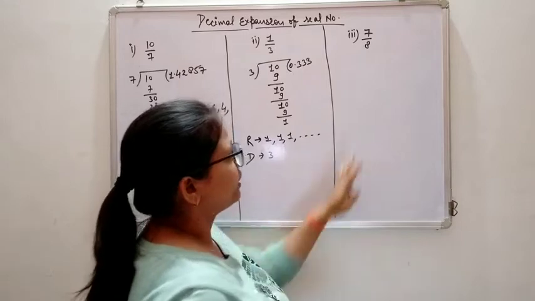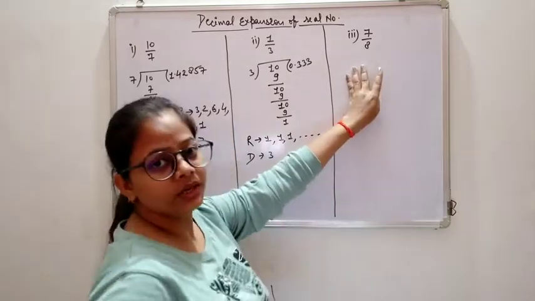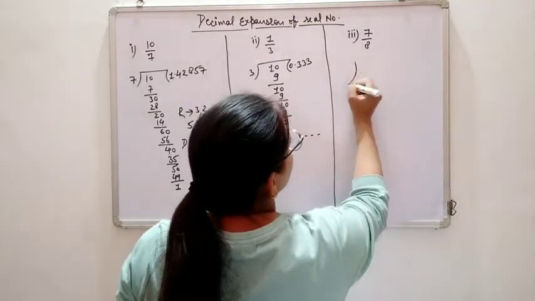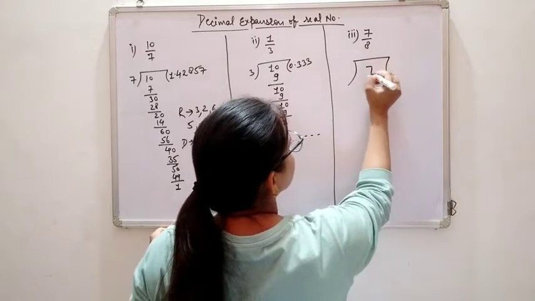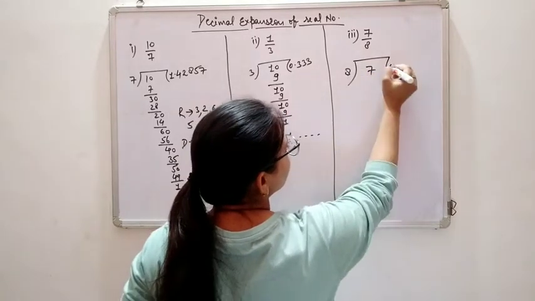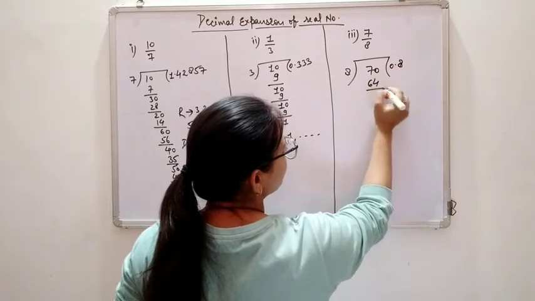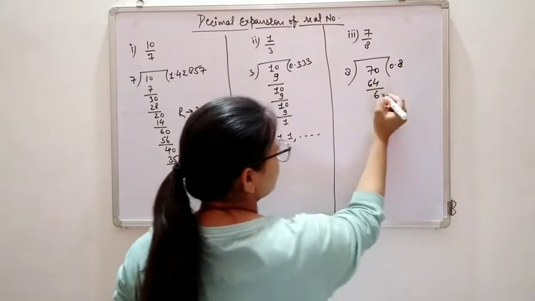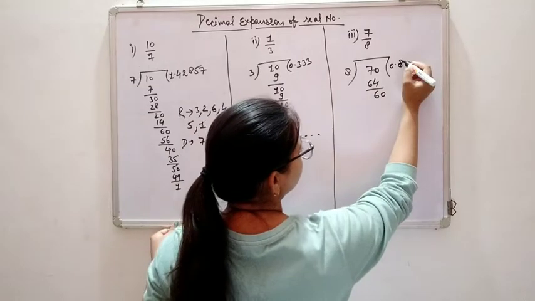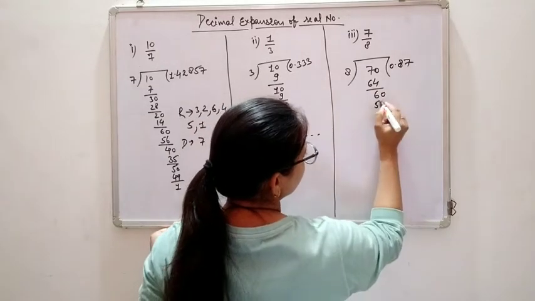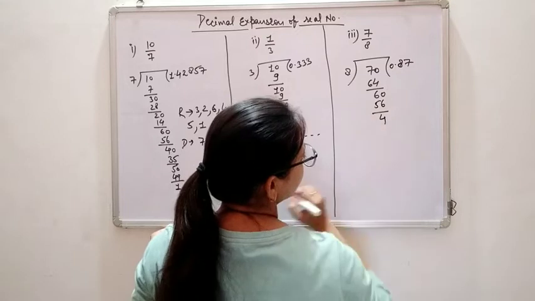Now let's try to find out the decimal expansion of 7 upon 8. Clear? What will it be like? 7 upon 8, right? 8 times. Clear? 64. Remainder will be 6. Now 7 times. Remainder will be 4.